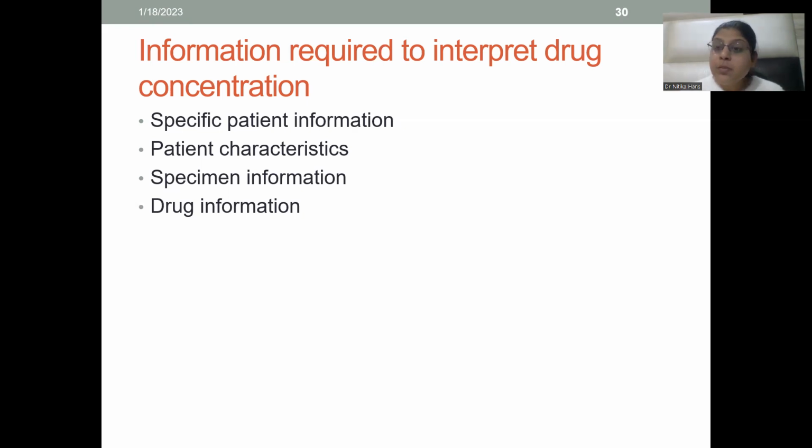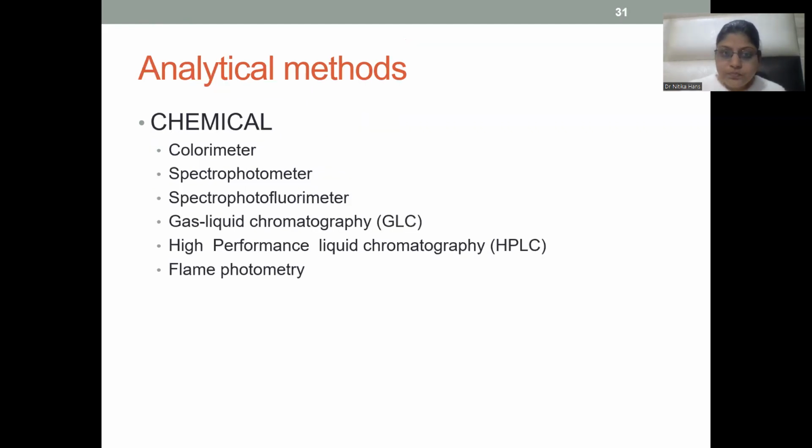Specimen information means which specimen is being taken: plasma, serum, whole blood, saliva, or tears. And drug information: what is the dose of the drug, the duration of the drug, and the dosage schedule. If all that is specified, then we can interpret the drug concentration.